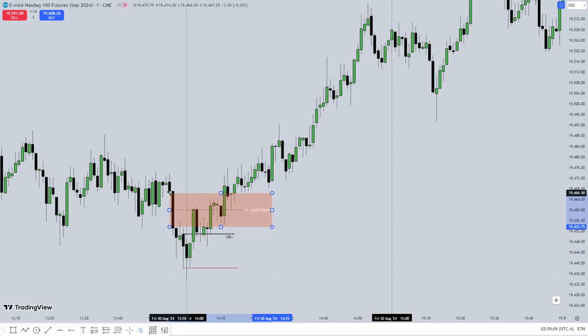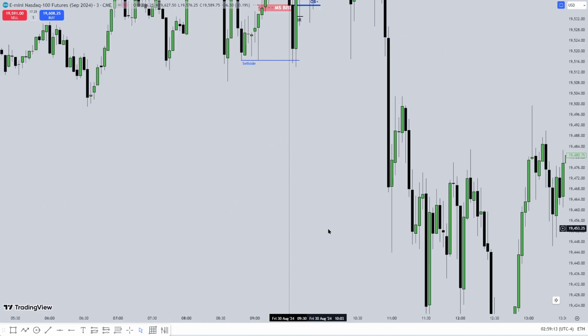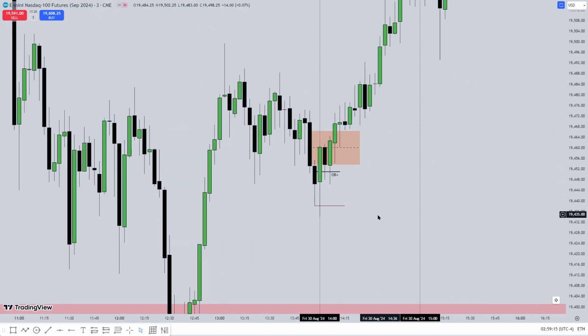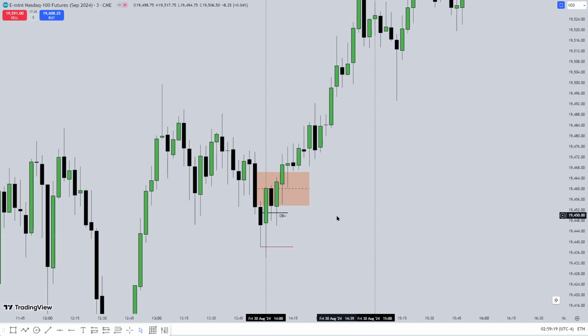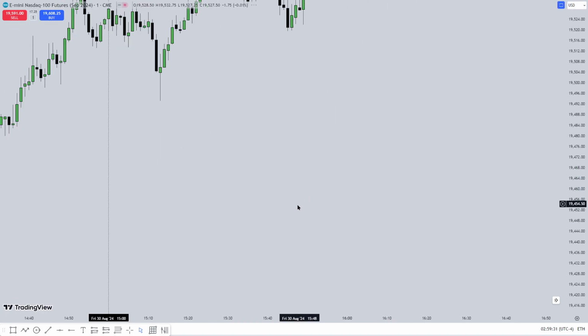Let me share one more thing. When you are on the 1 minute chart, just have a look at the 3 minute chart also. Look at the PD arrays: how are they holding the price? On the 3 minute chart, you see that inversion is so small.